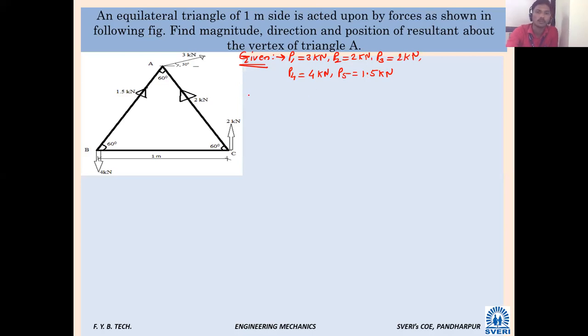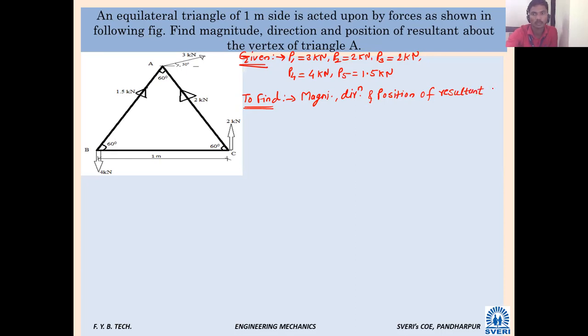So what do we want to find here? Magnitude, direction, and position of resultant.